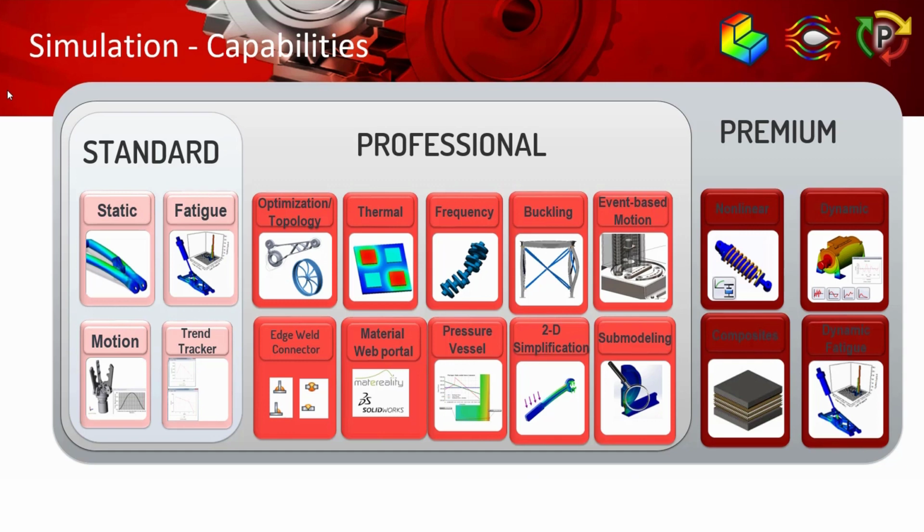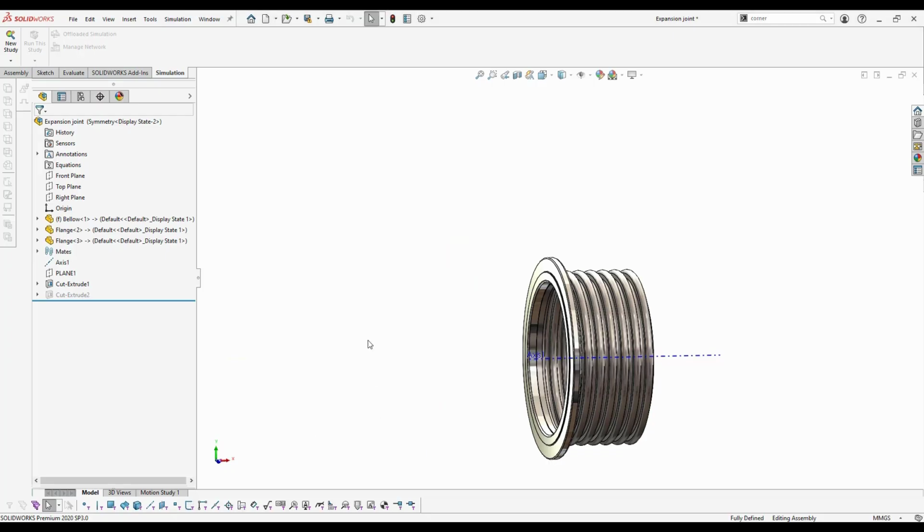Premium is where we have all our more advanced studies like dynamic fatigue, dynamics, nonlinear, and composites. With that being said, let's jump into the case study that I've got, and we'll discuss some of these tips and tricks, if you will.